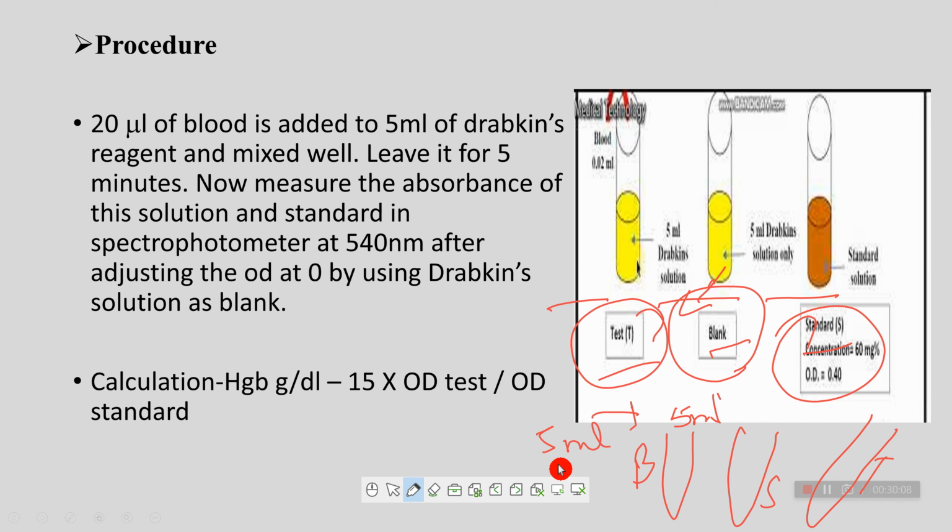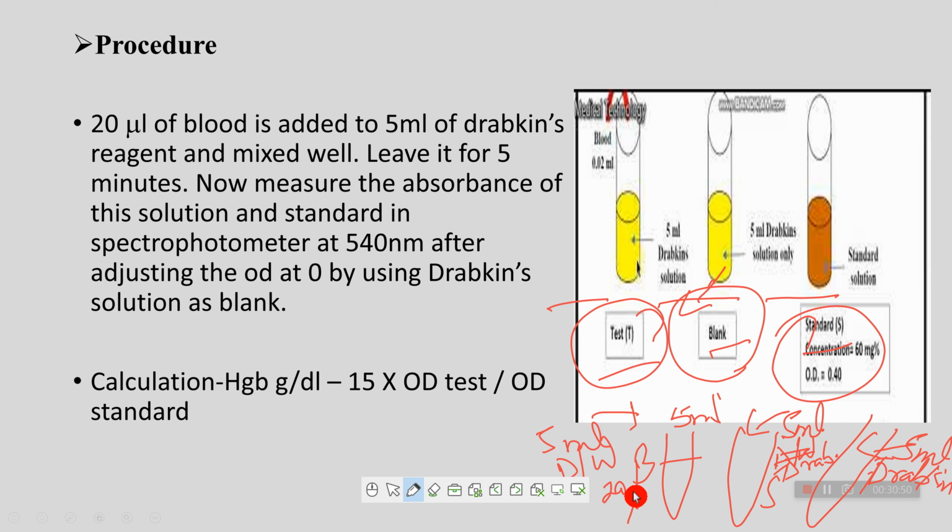In the blank tube we add 5 ml distilled water, and in the standard and test tubes we add 5 ml Drabkin's reagent each. Now we have to maintain the volume in all 3 test tubes.